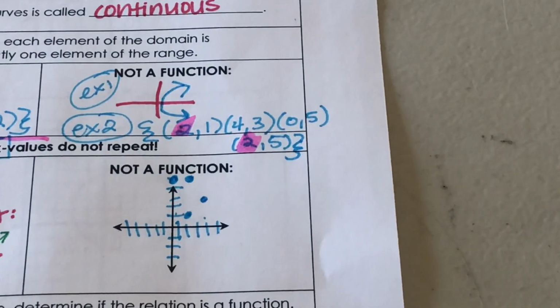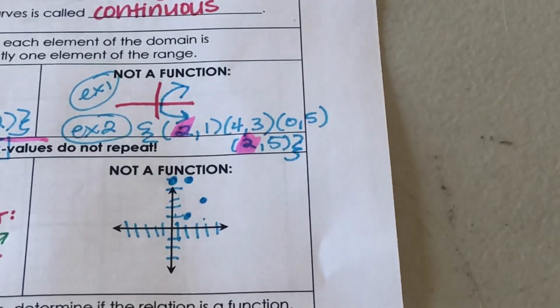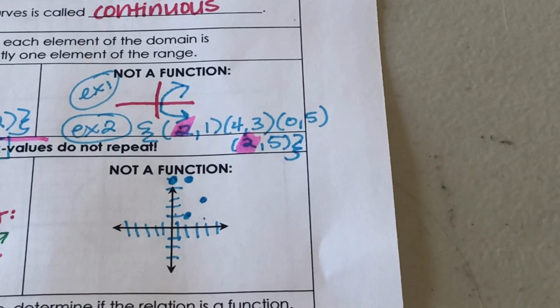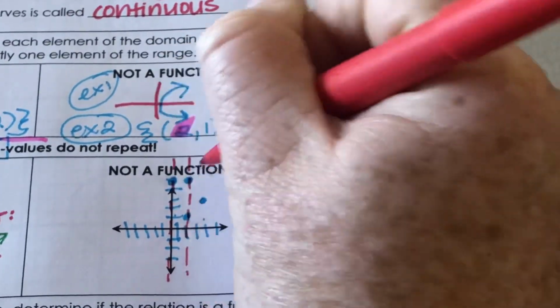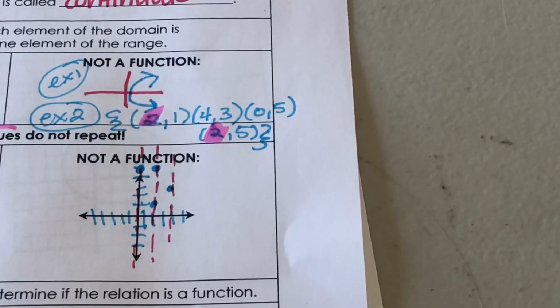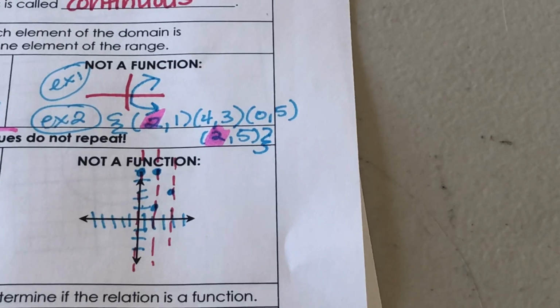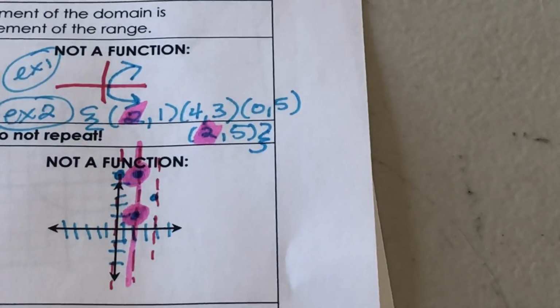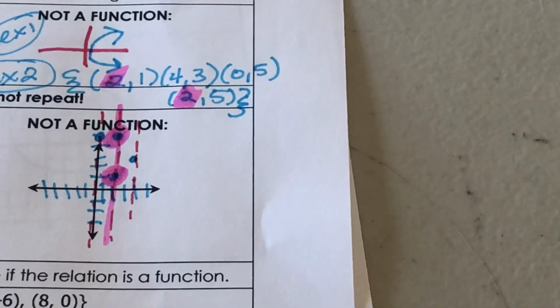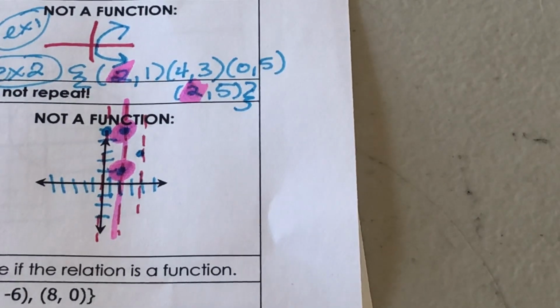Okay, so I plotted all those points we gave for example 2. Now, if I want to draw a vertical line through these points at each x value, here's my 0s, here's my 2s, and here's at 3, or 4, excuse me. Okay, but you can see right here on the 2s that this vertical line is hitting twice. Okay, that makes it not a function. So again, that's a discrete example.